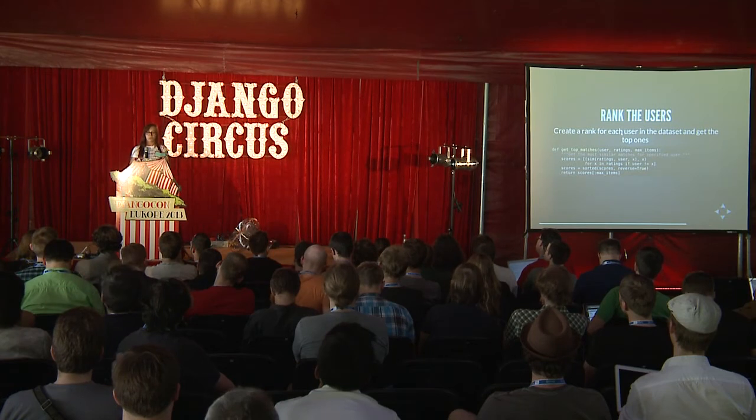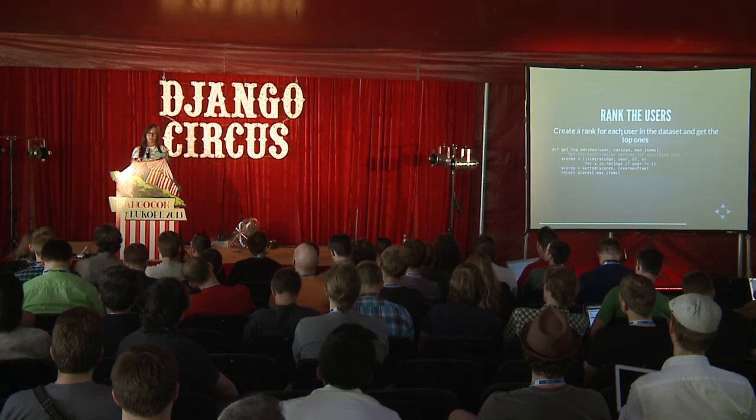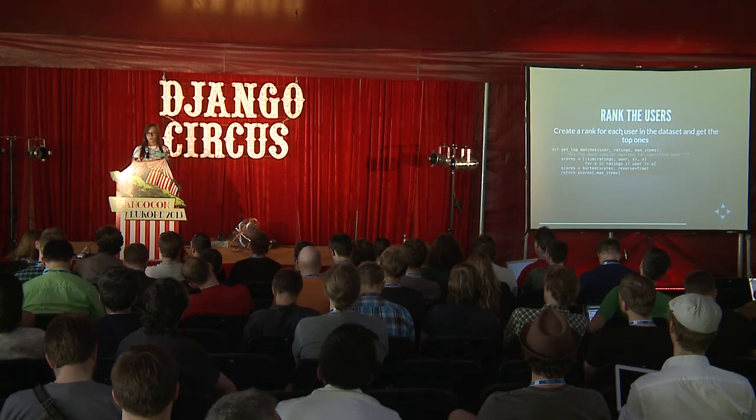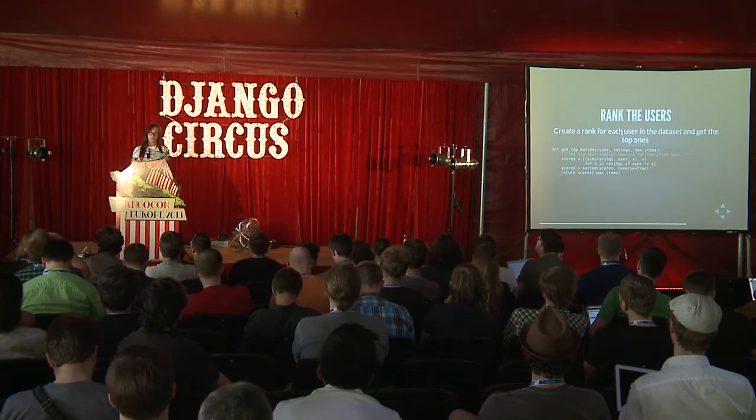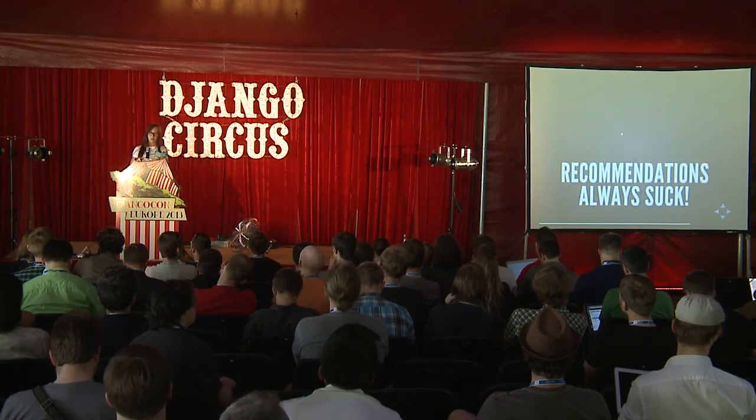So while we would be loading a product, the top matches would be retrieved in real time. So this just can't be fast. If your user database is huge, if your item database is huge, it just can't be fast.